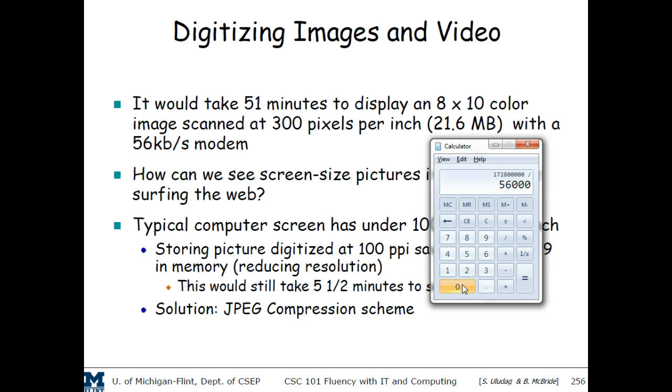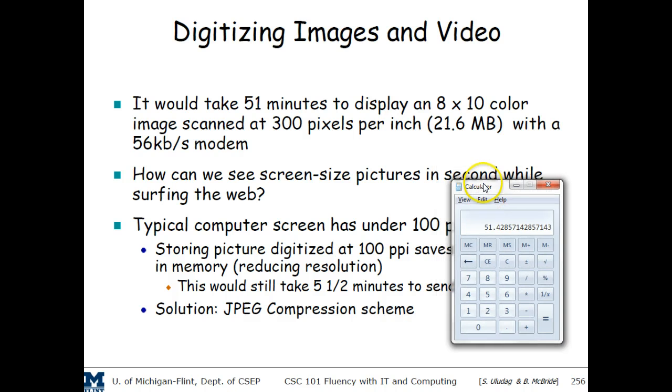So I'm going to divide that by 56,000, and that's how many seconds then it would take for us to download this image. I'll divide it by 60 so we can get minutes out of this. So it'd take almost 51 and a half minutes to download this picture over the internet with a 56 kilobits per second modem. And that, of course, would not be acceptable today in terms of the download speeds.